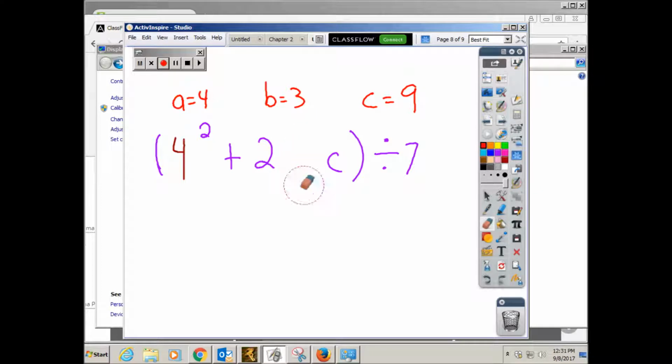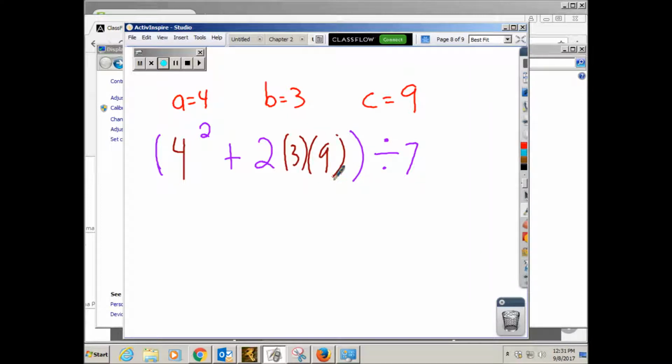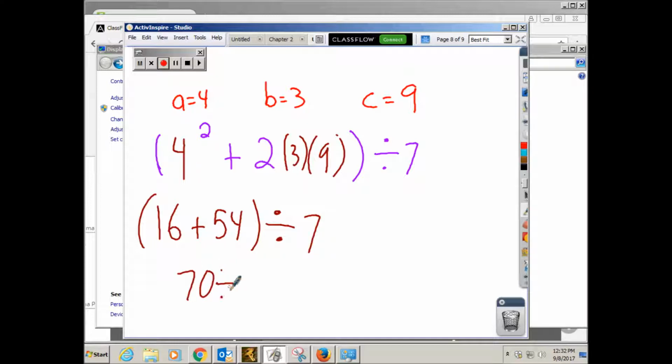Parentheses 3. And what's going in for C? Parentheses 9. What's 4 squared? 16. What's 2 times 3? 6. And what's 6 times 9? 54. What's 16 plus 54? 70. And what's 70 divided by 7? 10. Okay?